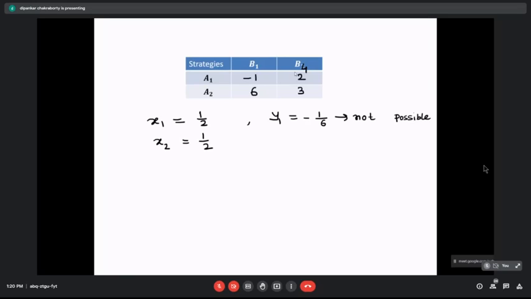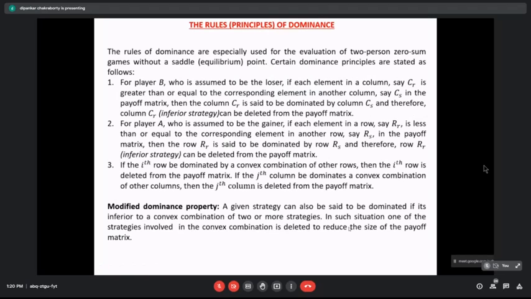Yes, sir. Okay. So now the next method. Today we are not going to discuss that. I hope you have another class, right? So the next method we are going to discuss is the rules of dominance or dominance principle. I just want you to note it down and go through it before coming into the next class.